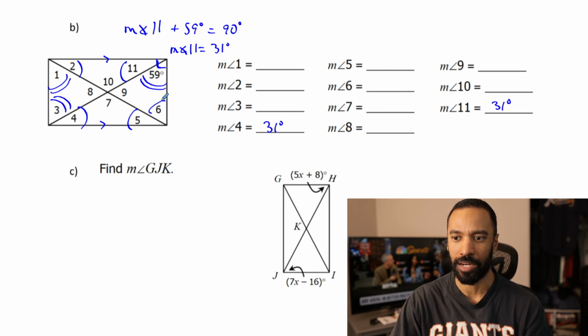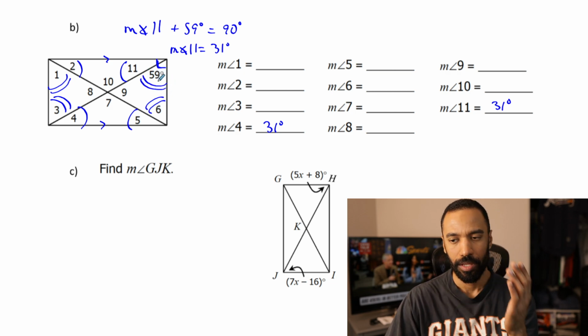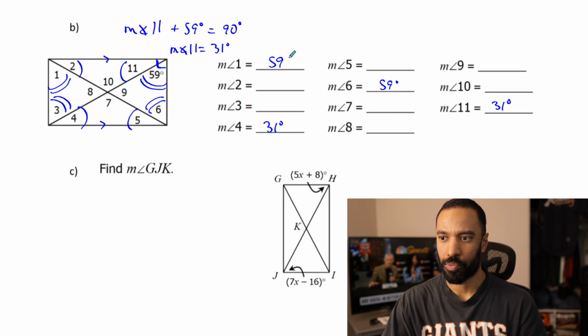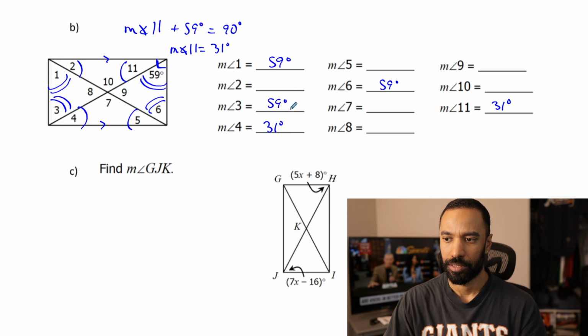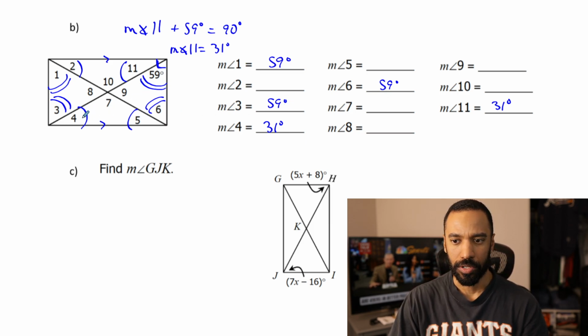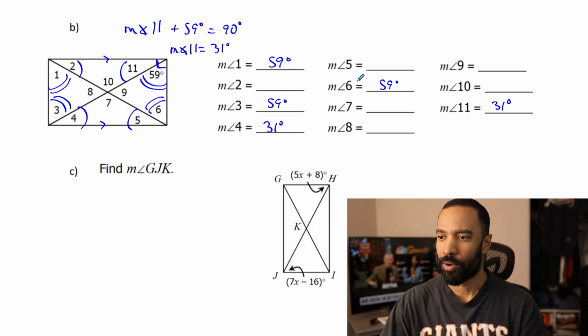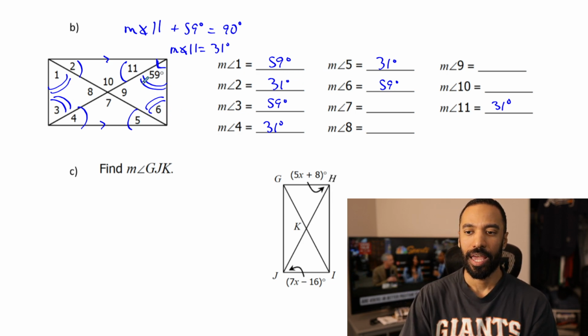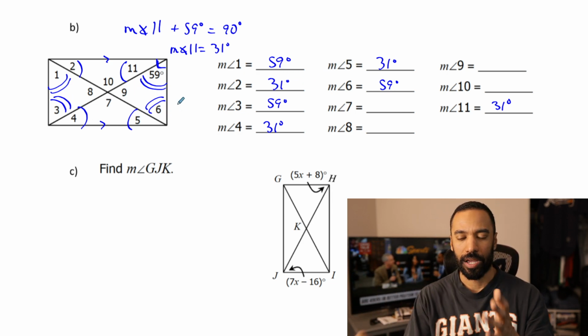So I'm just going to go ahead and give you what's what. 6 is 59 degrees. 1 is 59 degrees. 3 is 59 degrees. What is another? 31. So 4, I already got as 31. 5 is 31 degrees. And 2. Now we have these central angles. You can work off either set.